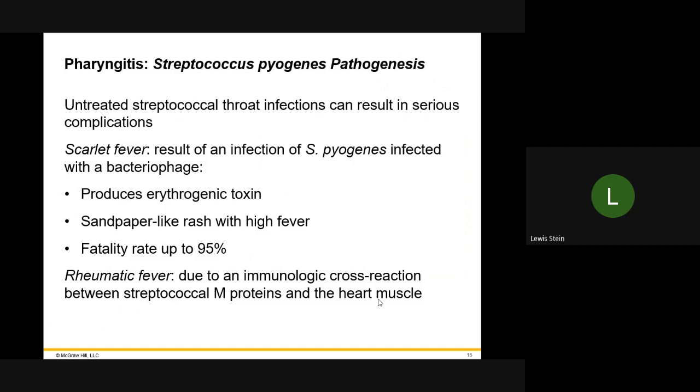That's where the name rheumatic comes from, because it's heart related and arthritis related. We don't see it that much, but if it's not picked up, that's why you tend to treat those a little more aggressively with antibiotics. It doesn't mean it's not going to happen. That's another one. Toxic shock syndrome. We see that more with streptococcal wound infections now than anything else.